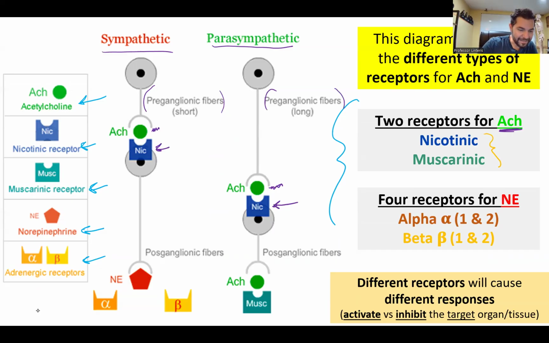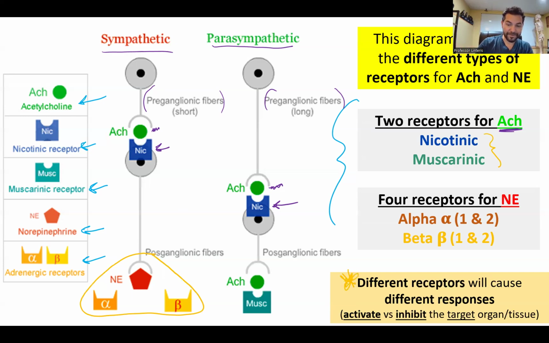And in the case of the sympathetic neurons, we know we're going to release norepinephrine. But norepinephrine can have different effects on different tissues because the tissues might have different receptors.